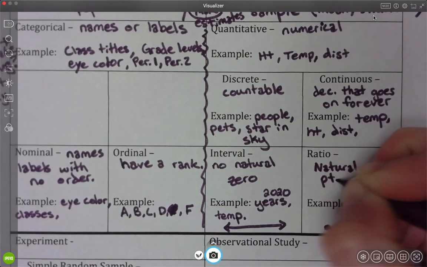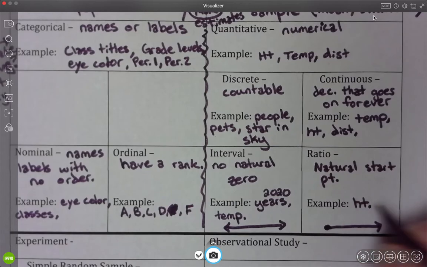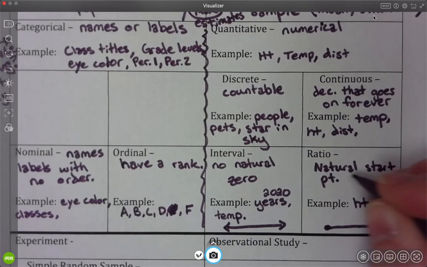So example would be height, because you can't have negative height, like here you could have negative temperature, but here you can't have negative height. Height really starts at 0 if you really want to go that far back into being like a baby that's just one cell. Your height is technically like really tiny, so height is 0. There is a natural starting point there.